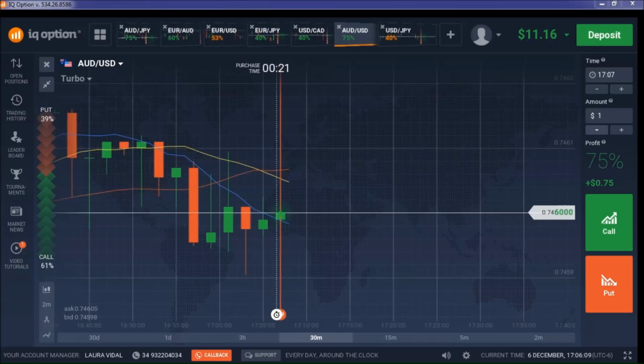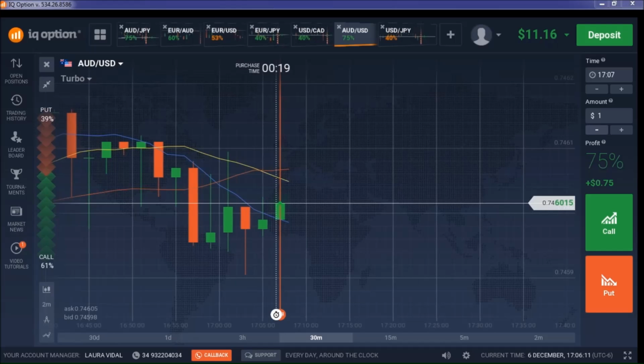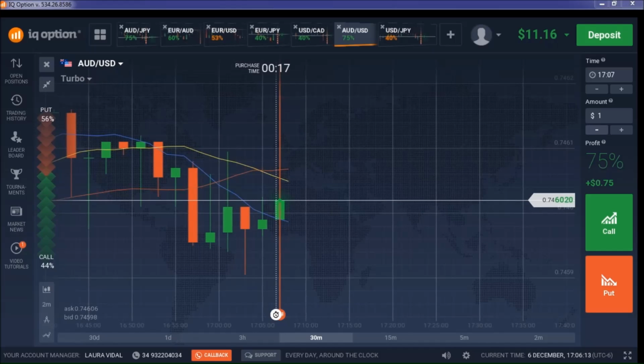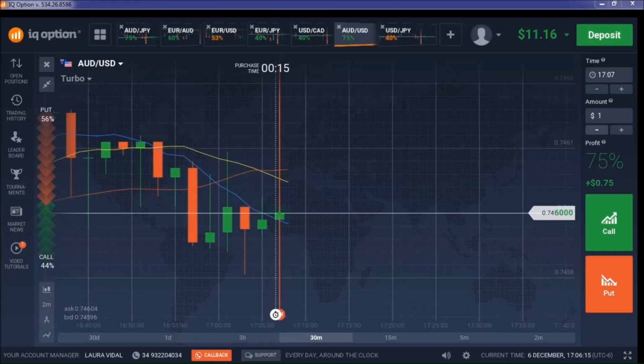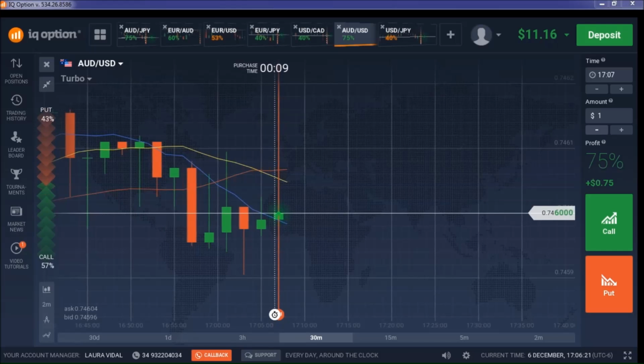If you guys want to go get some chips or some snacks, you're free to do so because it will take around 4 to 6 minutes for the indicators to go across.